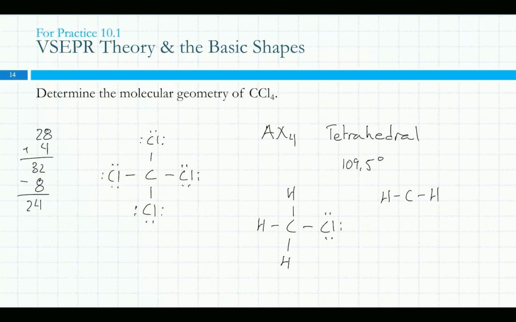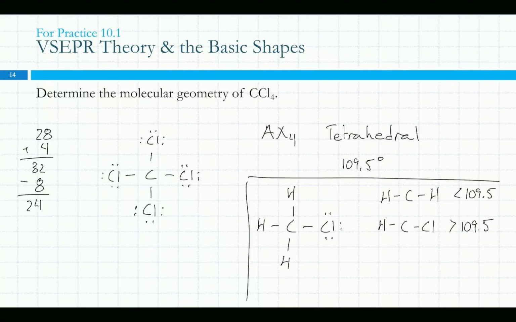It would be less than 109.5 because the chlorine's more electronegative. It's also larger. So the hydrogens will get closer together. So this will be less than 109.5. And the hydrogen carbon chlorine bond would be larger than 109.